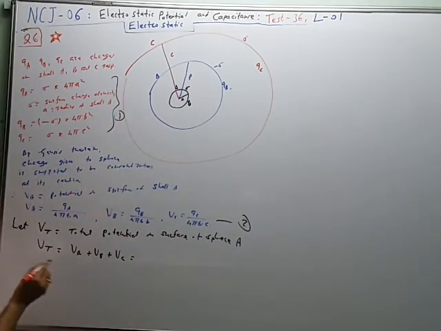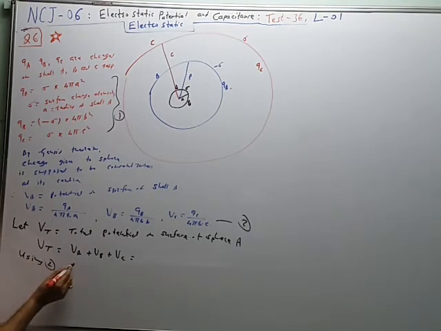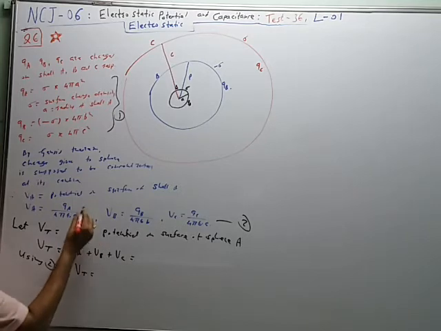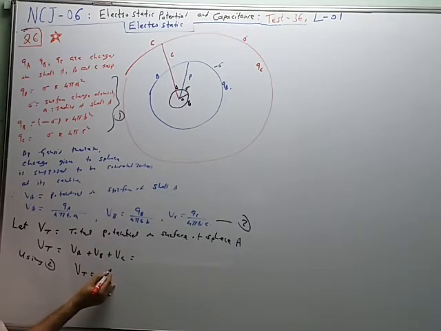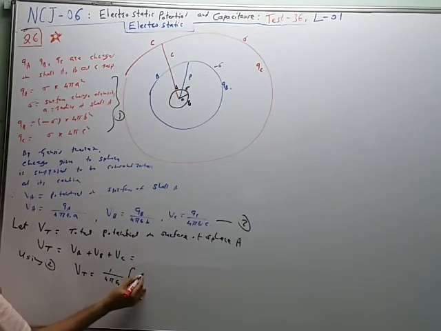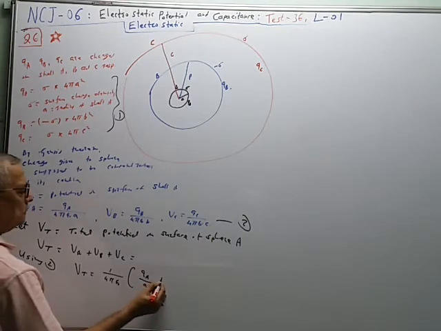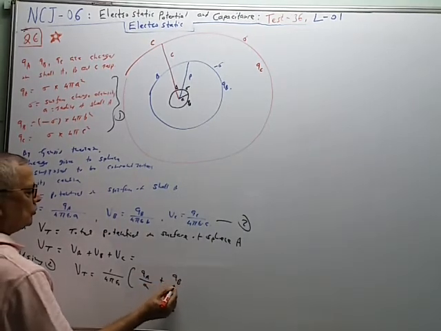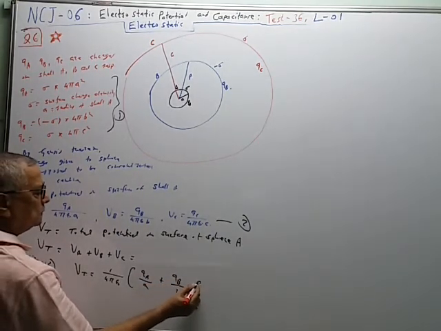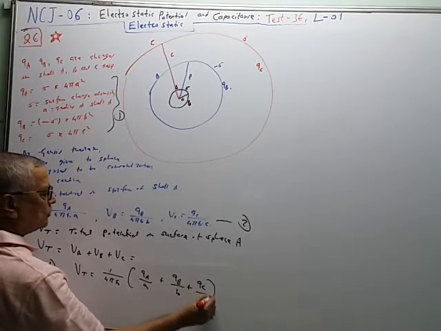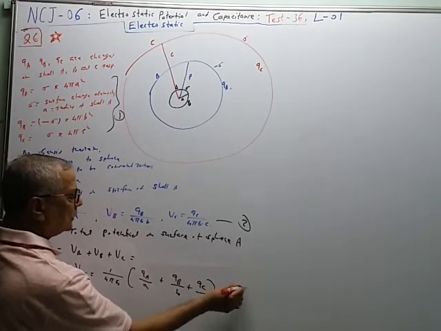So using 2, total potential Vt is equal to 1 upon 4 pi epsilon naught common, QA upon A plus QB upon B plus QC upon C. This is equation 3.